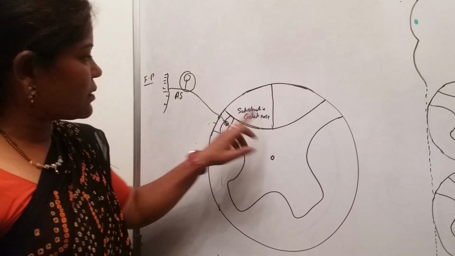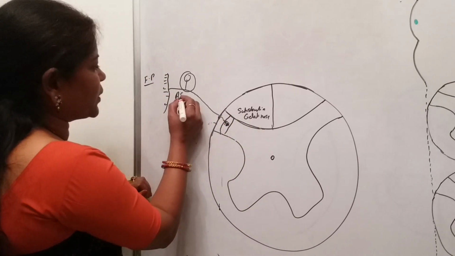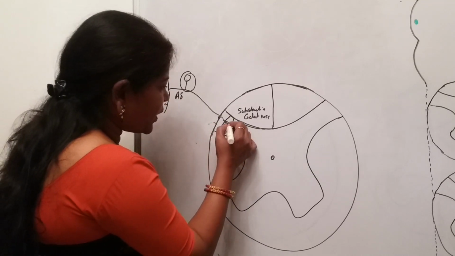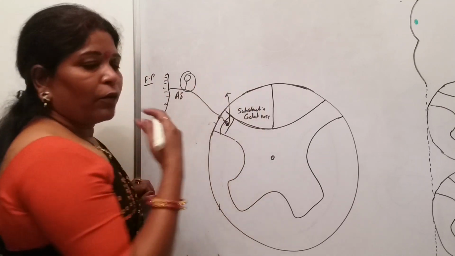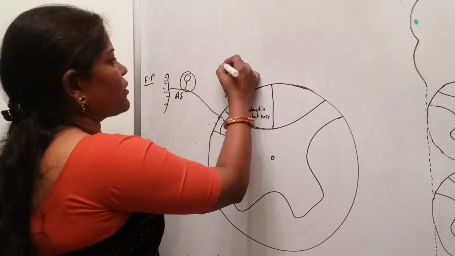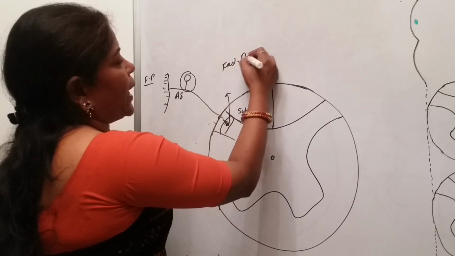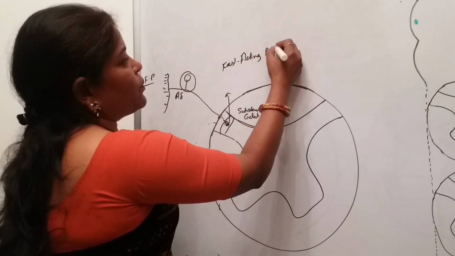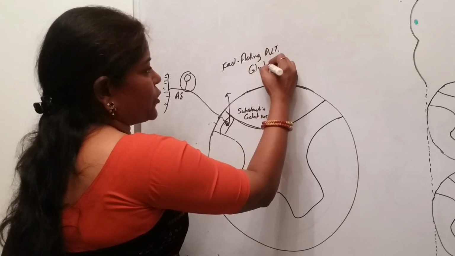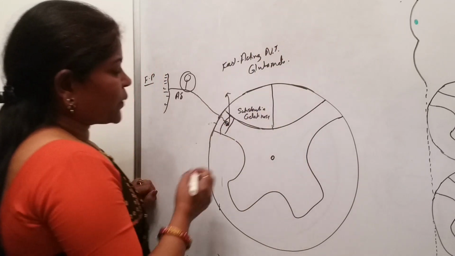At the site of termination, when it synapses with the second order neurons present in the substantia gelatinosa, the A delta fibers liberate a local neurotransmitter, a fast acting neurotransmitter, that is glutamate.